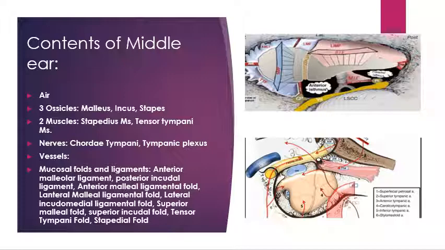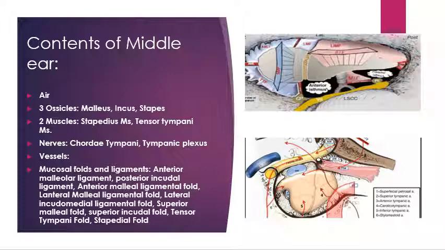Then you have the mucosal folds and ligaments. If you've forgotten, then you may not write the details, but you can at least write mucosal folds and ligaments. But if you want to get better marks, then you have to mention this is the malleus, this is the incus. This is the superior malleolar fold.